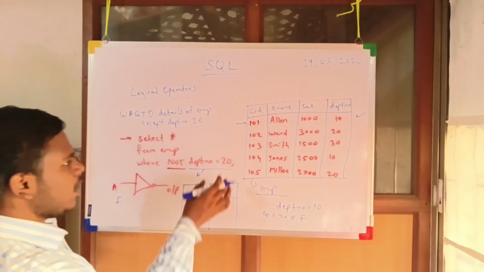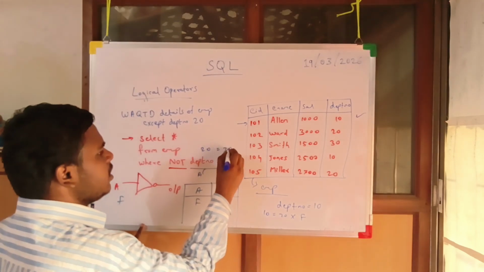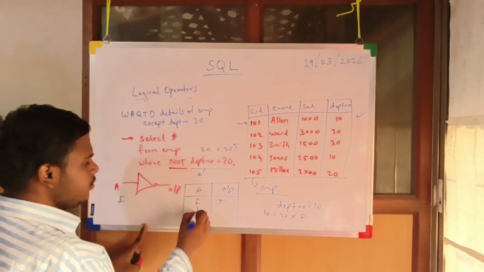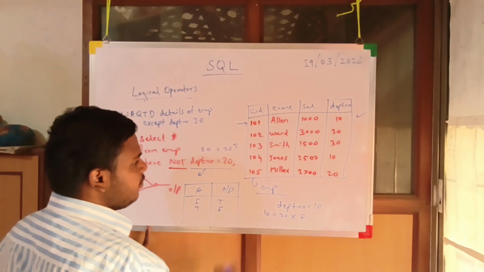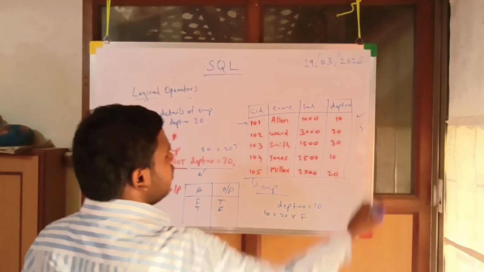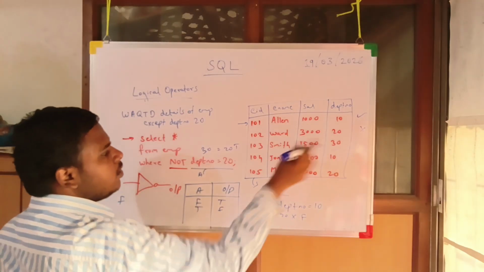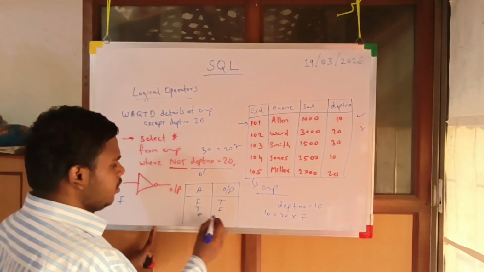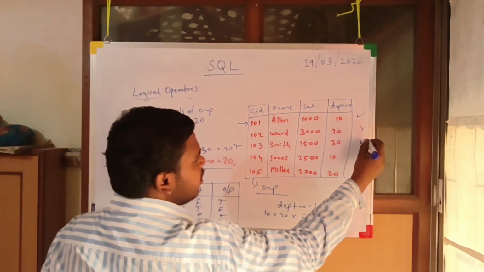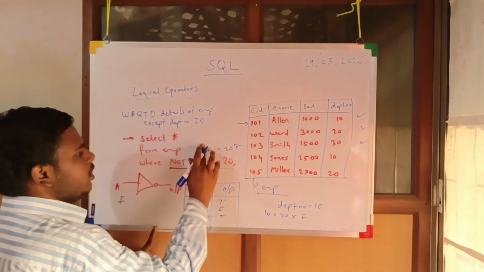Second record, 20 is there. Is 20 equal to 20? Yes, the condition is true. But what is the rule of the not operator? It will reverse the condition. So false, so it will reject that record. Similarly, 30 equal to 20 in the third record is false. The not operator reverses it, so false converts into true and the third record is selected. Similarly, fourth record: is 10 equal to 20?